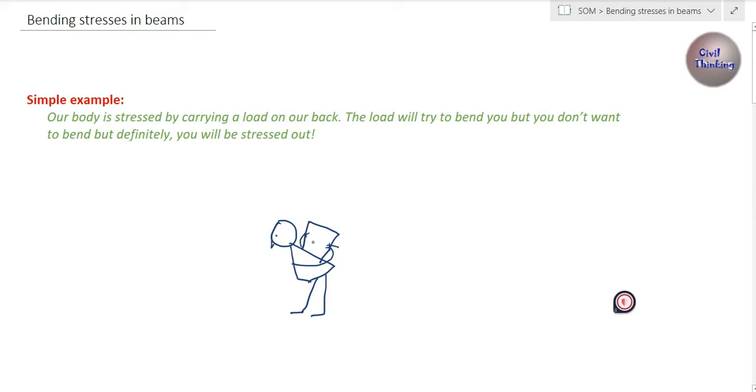You are carrying this load, a box on your back, and this box will exert a load on you. It will try to exert a force on you, and this force is in the downward direction, and it will try to bend you in the downward direction.